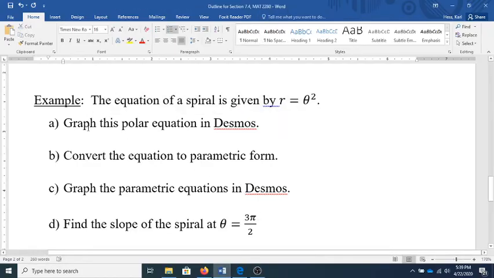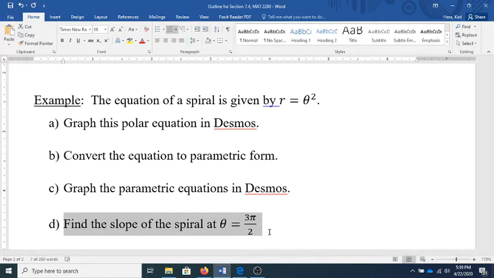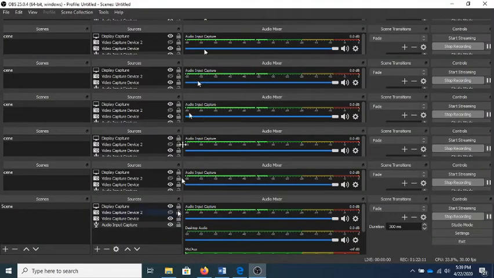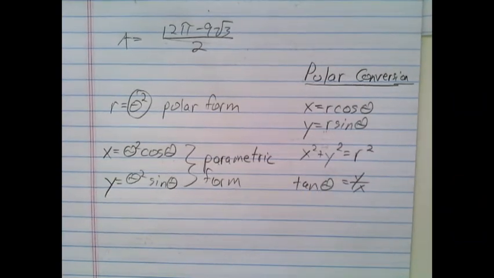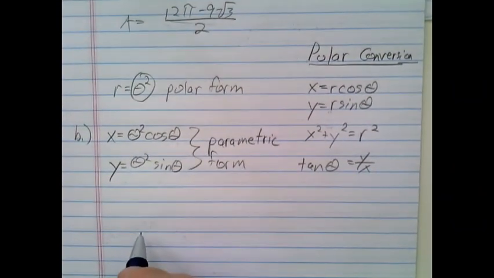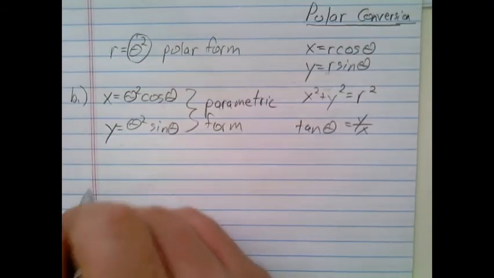Alright, so we graphed the equation in Desmos, we converted it to parametric form, we graphed the parametric equations in Desmos, but now let's find the slope of our spiral at theta equals 3 pi over 2. So, I guess this was part B here. Parts A and C were just graphing in Desmos.